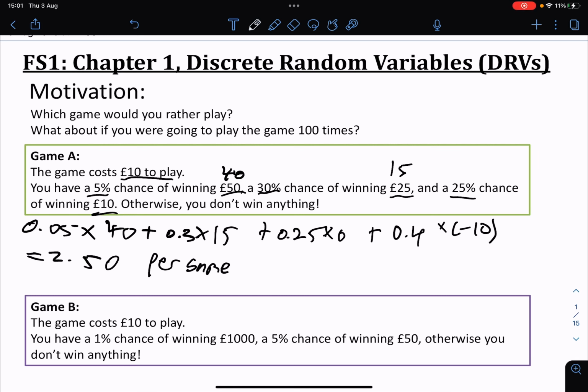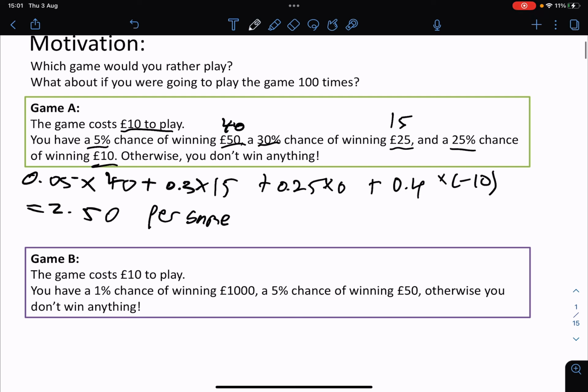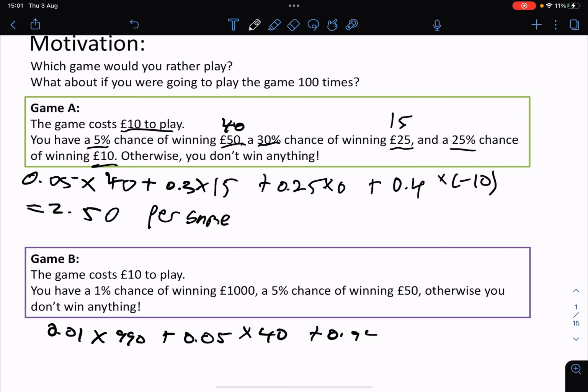game. For option B, we have only a 0.01 chance of 1,000 minus 10, which is 990, plus 0.05 times 40, 50 minus 10, plus 0.94, which is 1 minus everything else, times minus £10, which is also going to give you £2.50 per game.